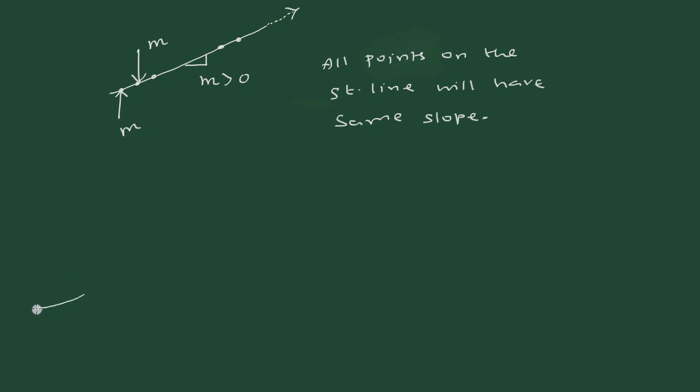For example, it can look like this, a simple curve, or like this, or like this. It doesn't matter how it looks. Anything which is not a straight line, whether the first, second, or third curve, is called a curve.